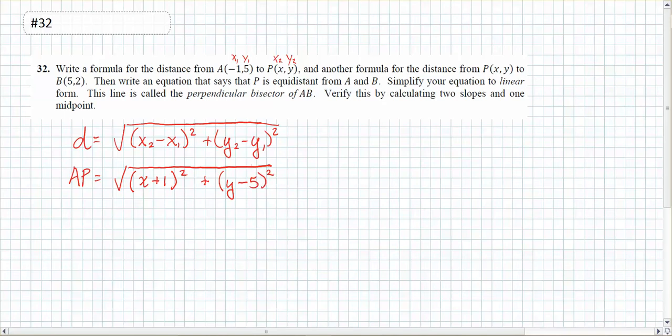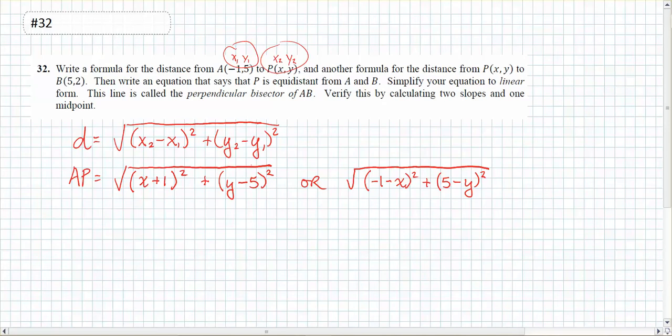And if you had flip-flopped which one was which, like if these were your 2's and these were your 1's, you could have gotten instead -1 minus x, all squared, plus 5 minus y, all squared. So that's AP.